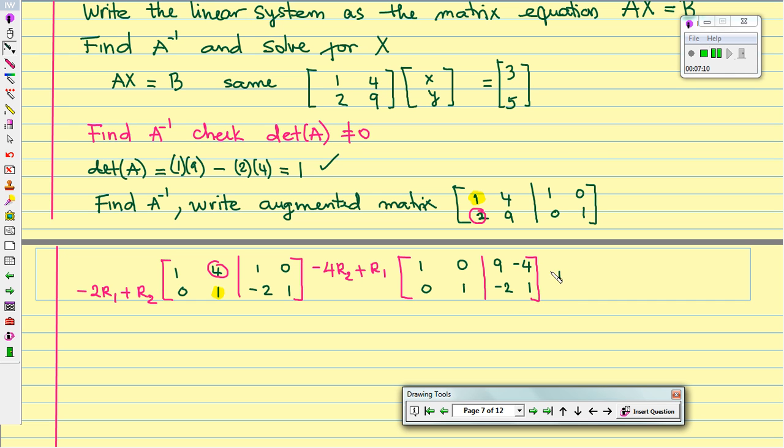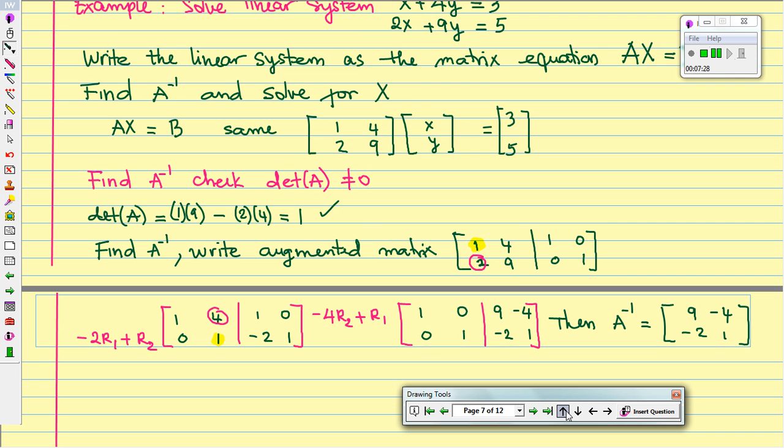From here we can see that our inverse matrix is the matrix on the right hand side, which is 9, -4, -2, and 1. So now we go back here.